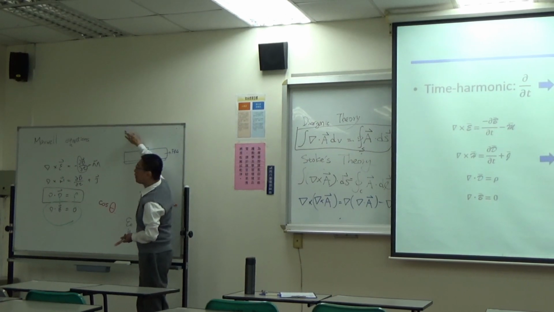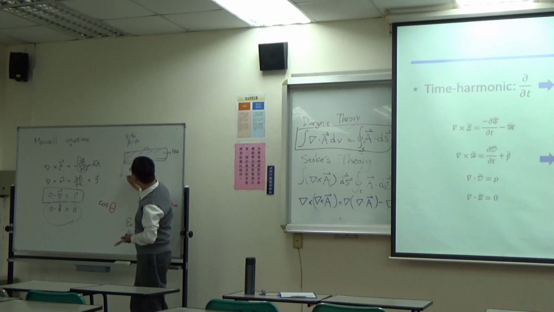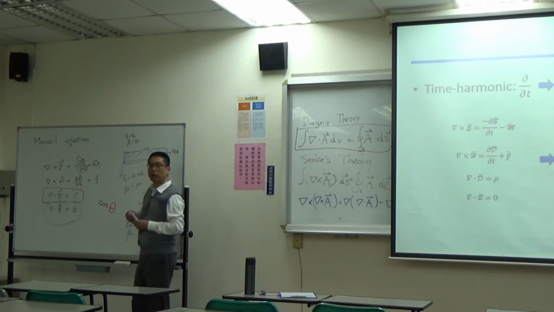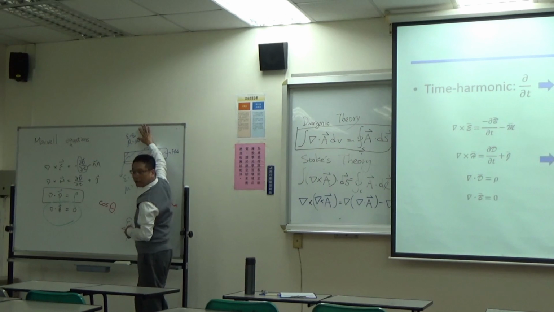For air, you use epsilon equals epsilon 0 and mu equals mu 0. Can you see that? This is air, and then this is FR4. Inside the FR4, epsilon equals 4.2 multiplied by epsilon 0, and mu still equals mu 0. Let's make it easier. So Maxwell equations can apply to this part, also inside.